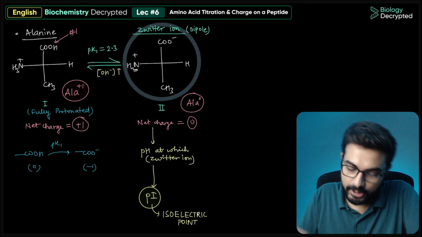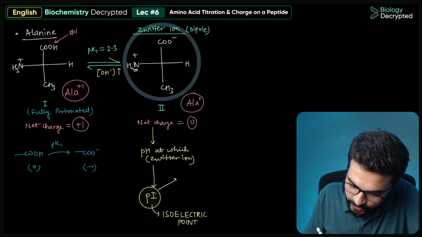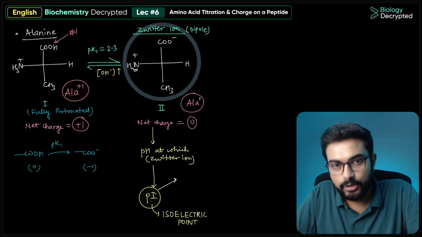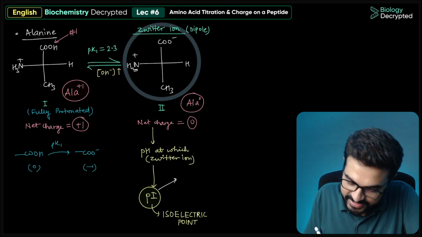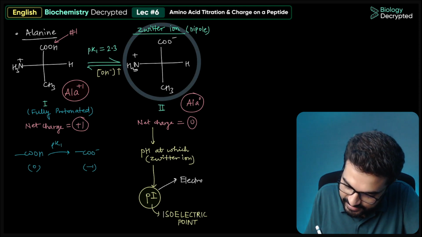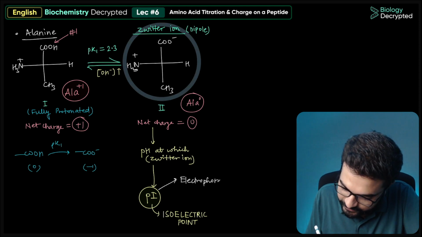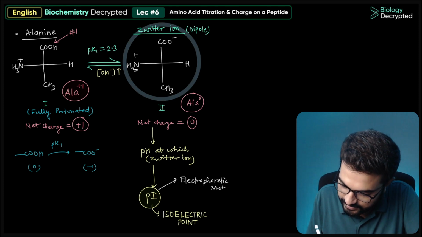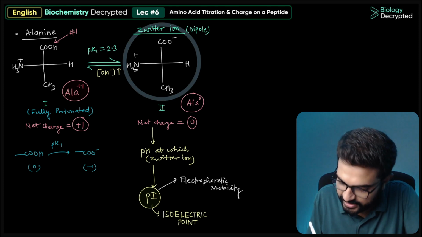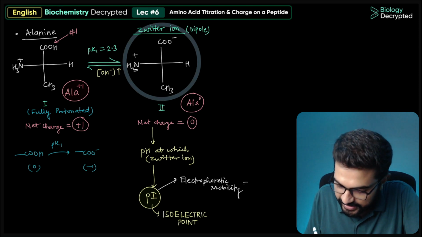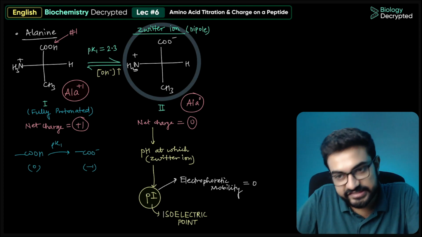Very important, because if we carry out electrophoretic mobility experiments, what we will see is that the electrophoretic mobility of this particular species, this Zwitter ion that has a net charge of 0, will be 0.